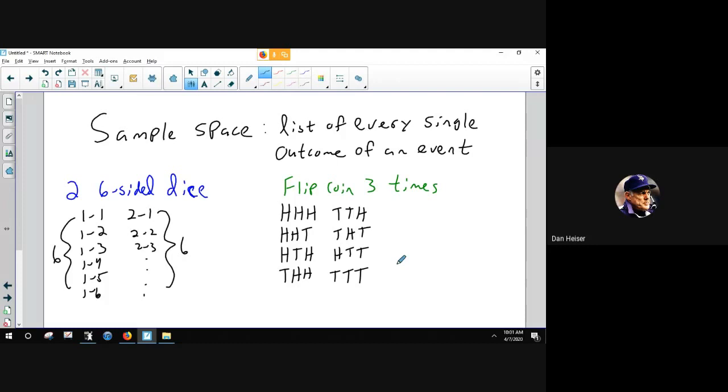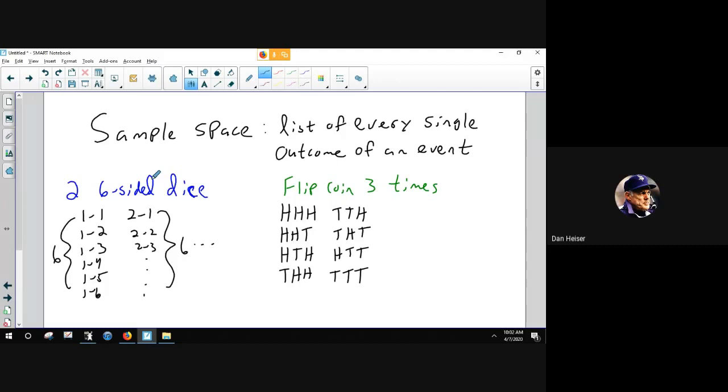That is a sample space. What are all the individual results? And sometimes it's small enough we can list them. Other times it's large and it doesn't pay to list every single one, but we can see a pattern and determine that there are a number of possibilities. In this case, it was 36. If this said 3 six-sided dice, well, then we'd have 3 numbers.